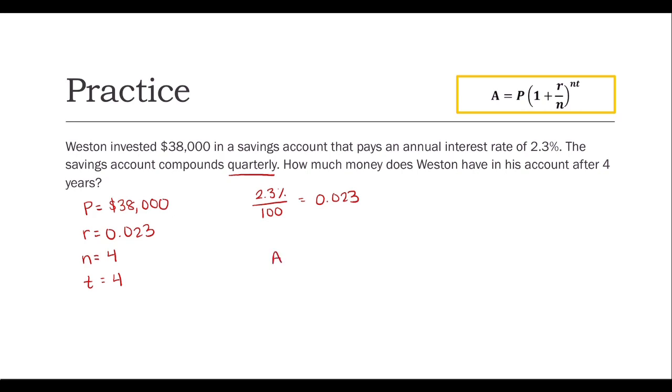So we get A equals P, 38,000, times 1 plus our rate, 0.023, divided by n, which is 4, to the n times t. Then we can enter all of that in the calculator, and we'll find that our amount in the account after 4 years is $41,650.89.